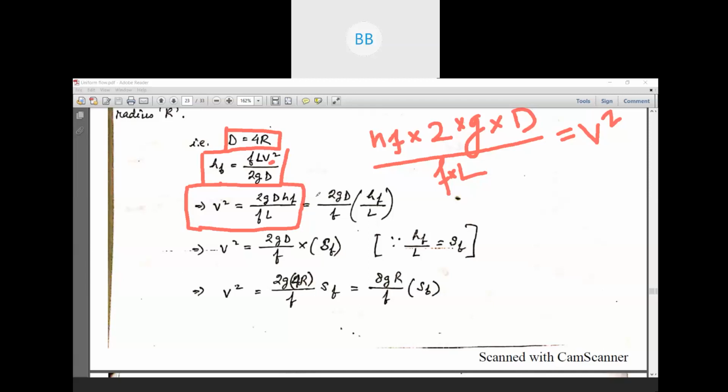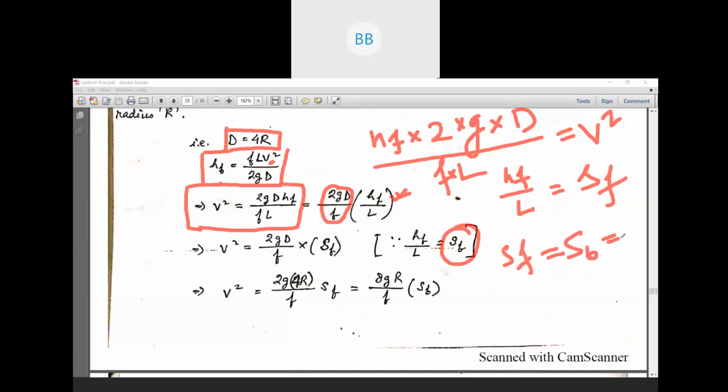Here again 2gD by f is there, and then we have considered hf by L just to bring the friction slope, because we know hf divided by L is nothing but our friction slope. When we talk about uniform flow, all these slopes are the same: bed slope, surface slope, all are same.